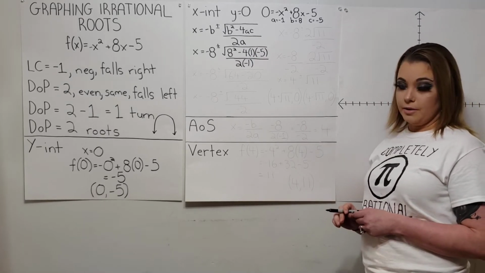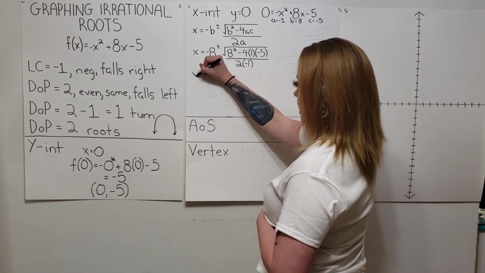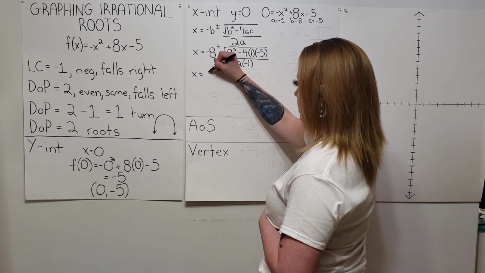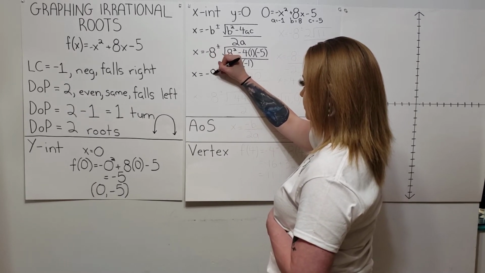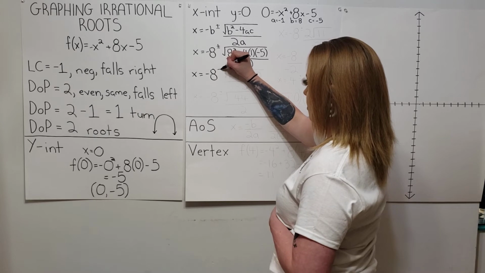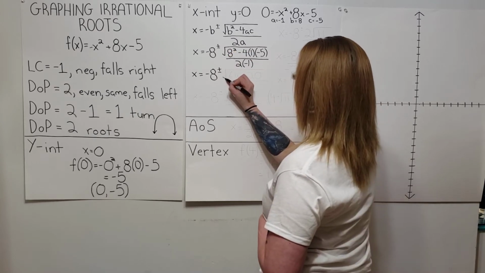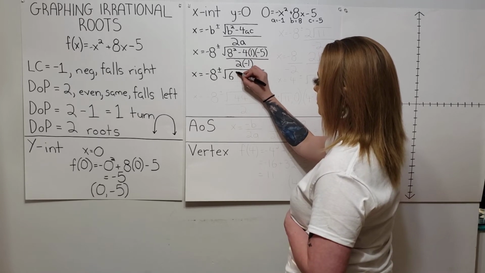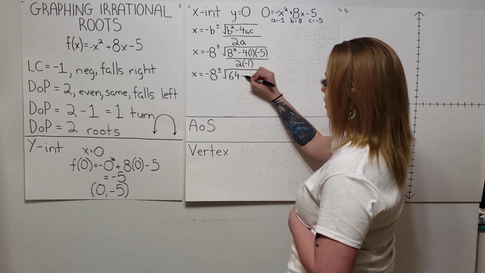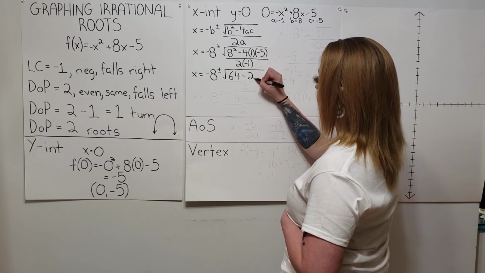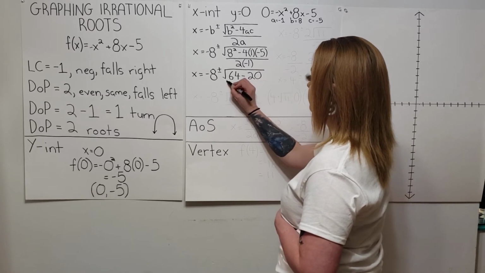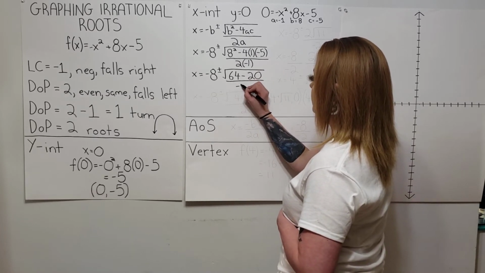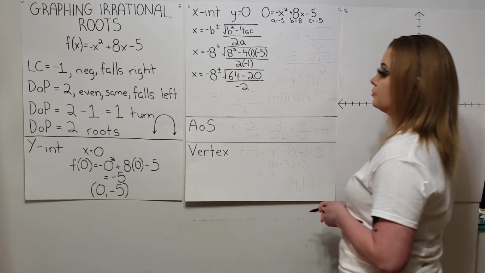And now we're going to simplify. x equals negative 8 plus or minus the square root of 64 minus 20 over negative 2.